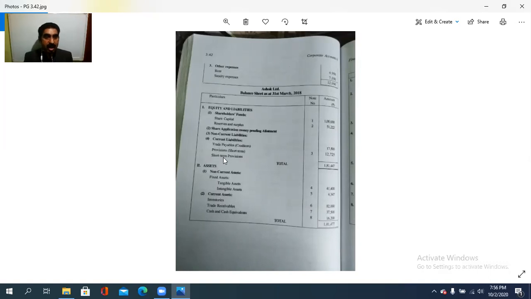So please look into this chapter, very important. Please look at this chapter, very important, because 15 marks questions you can catch from this area. Like statement of profit and loss, very easy to prepare. Only limited adjustment items will be asked, and also the balance sheet is to be prepared.